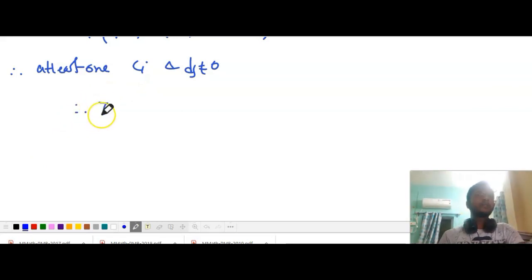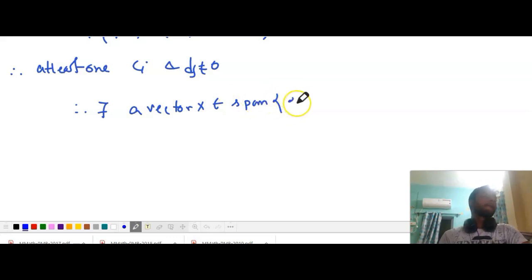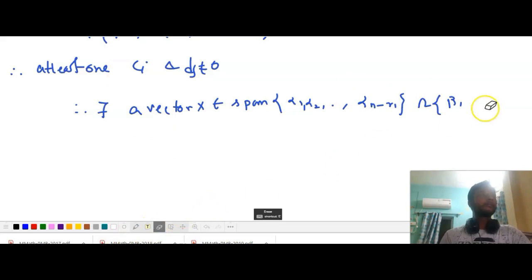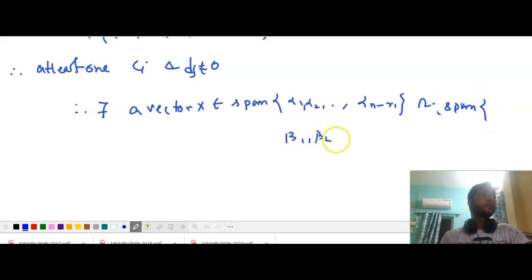So there exists a vector x which belongs to the span of alpha 1, alpha 2, dot dot alpha n minus R1, as well as the span of beta 1, beta 2, dot dot beta n minus R2.